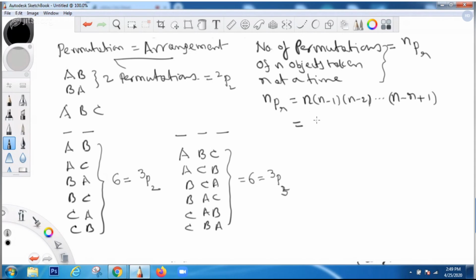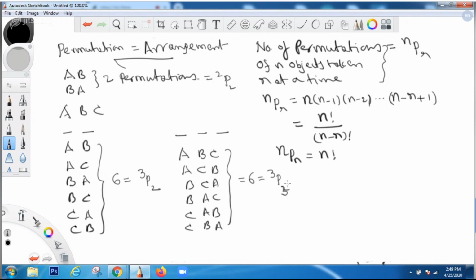And also nPr is equal to n factorial divided by n minus r factorial. These are the two formulae we have derived in the previous class. And at the same time, nPn is equal to n factorial. That also you have seen.